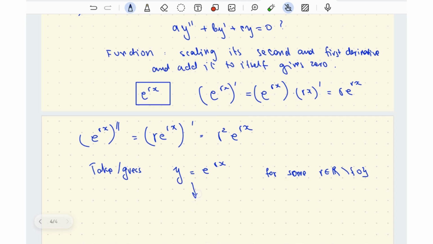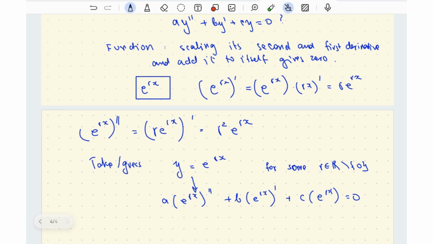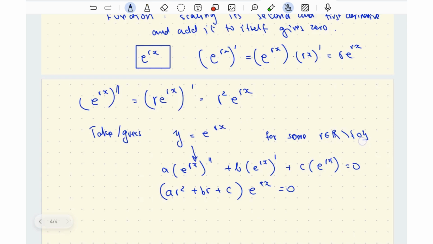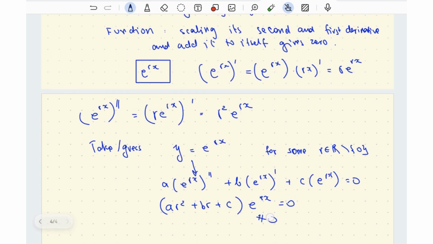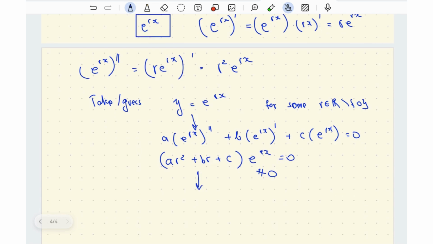Then if we put that into the equation, we get a (e^rx)'' plus b (e^rx)' plus c e^rx equals 0. And if we take this into consideration, we get this factorization. Now this e^rx is always different from 0, so the other factor has to be equal to 0.